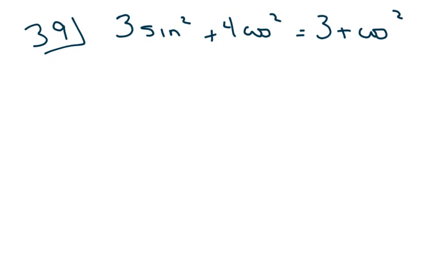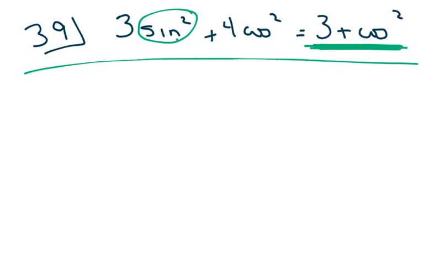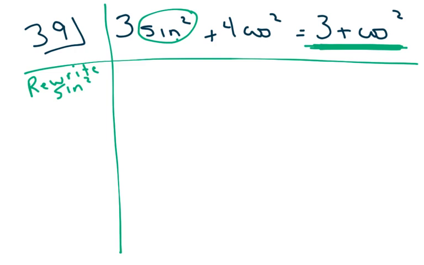On all of these identities, when you're establishing an identity, you always have to keep in mind what we're looking for. So we're looking to do something like this. That means this does not have a sine in it, but this does. So I think I'm going to rewrite sine squared as 1 minus cosine squared. I think that would just make it easier.